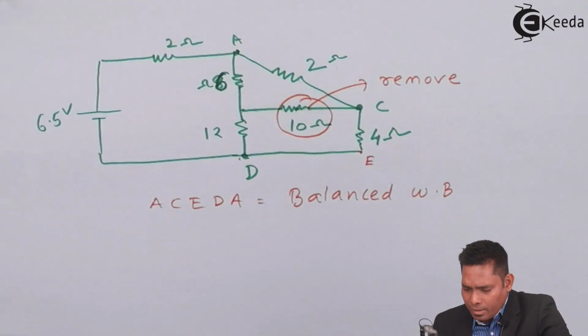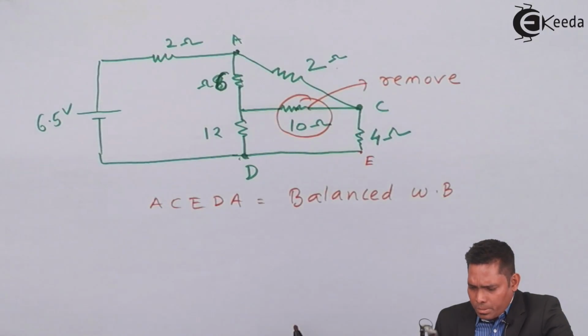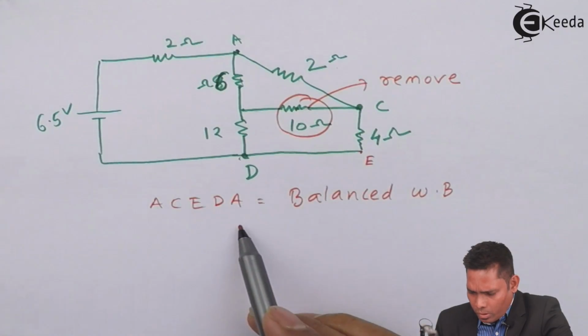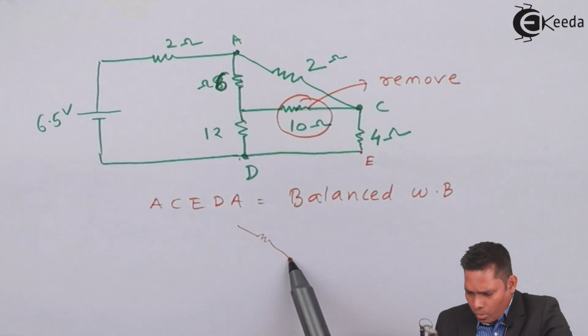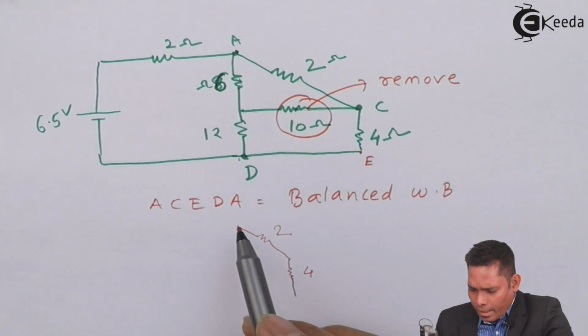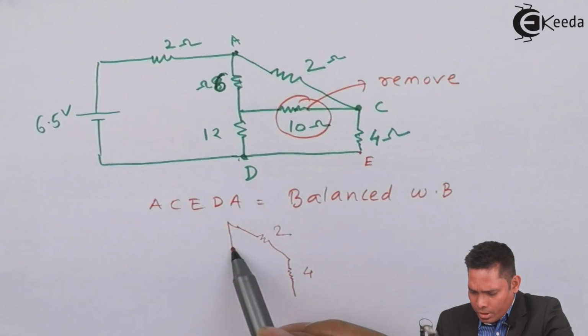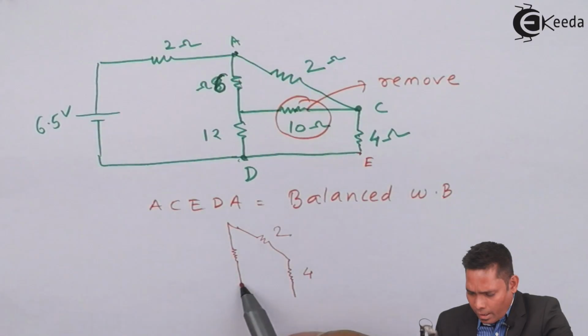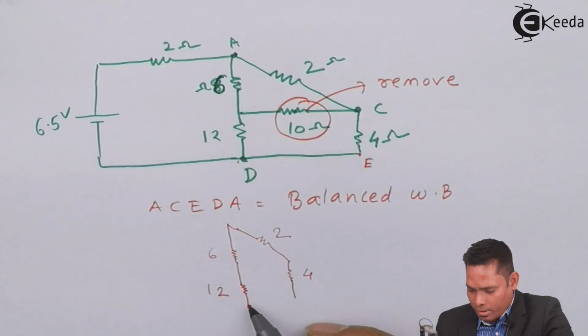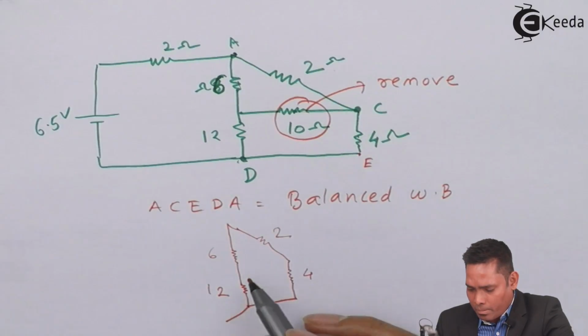If I remove this part, then 2 and 4 will be left, and on this side 6 and 12 will be left, and this is connected like that. These are the terminals.